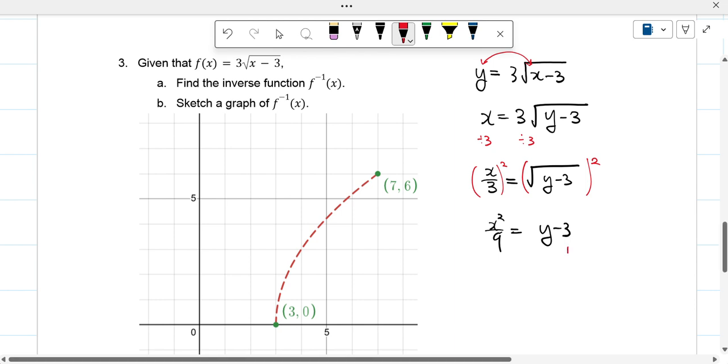And finally, add 3 on both sides. So that is my inverse function of f of x.